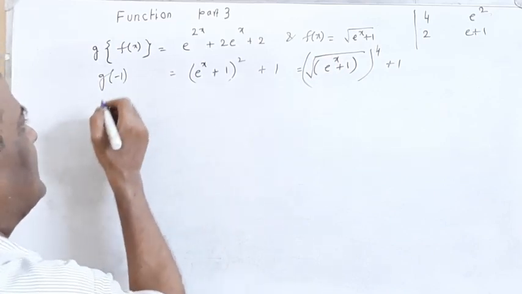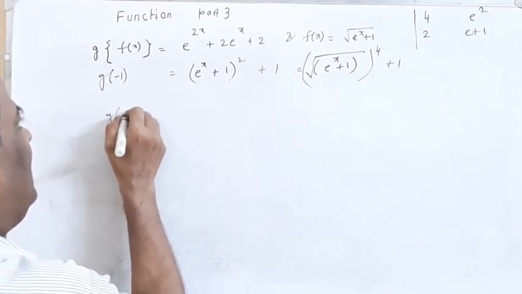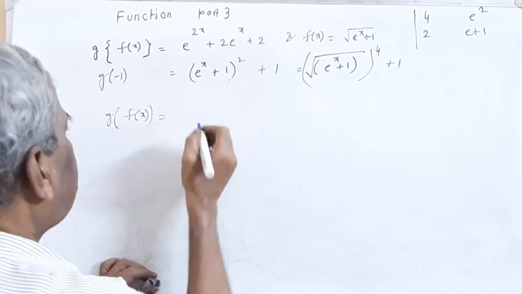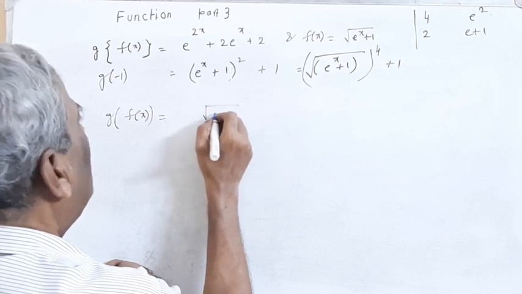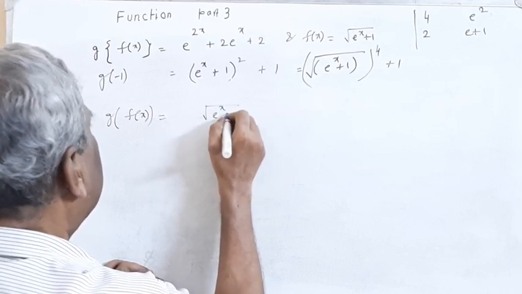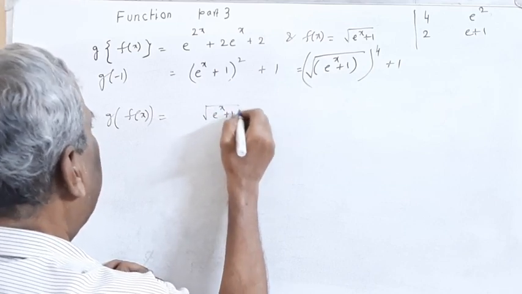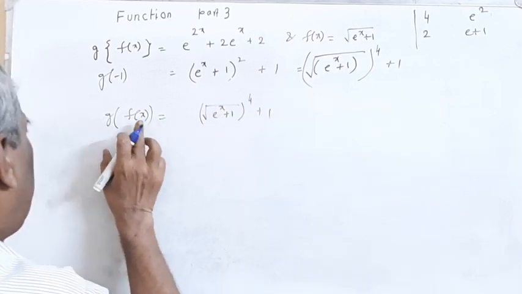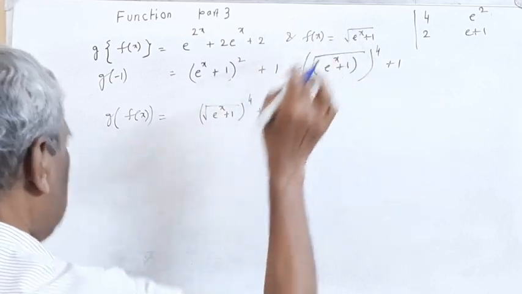So that g of f(x) is equal to (root of e to the power x plus 1) whole to the power 4 plus 1. It is g of f(x), which means f(x) is equal to that.